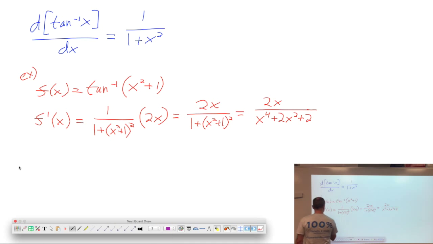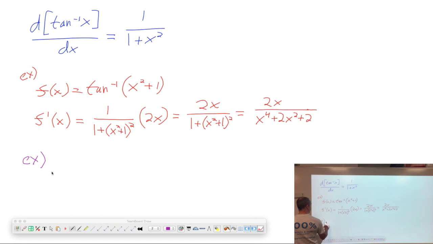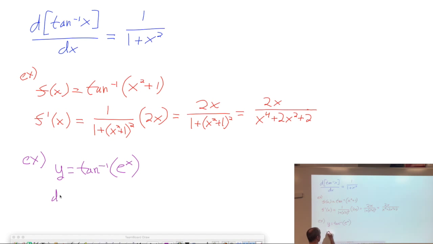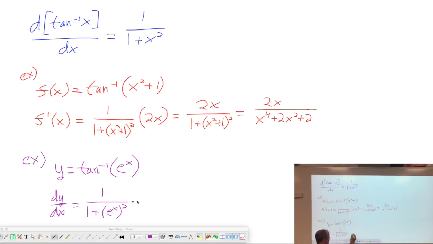Another quick example of this, shorter one. If we have y equals inverse tangent of, say, e to the x, well then our dy over dx or y prime, again, follow the formula like you have with other derivatives. It's going to be 1 over 1 plus whatever our inside function is squared times the derivative of our inside function, well, the derivative of e to the x is just e to the x.